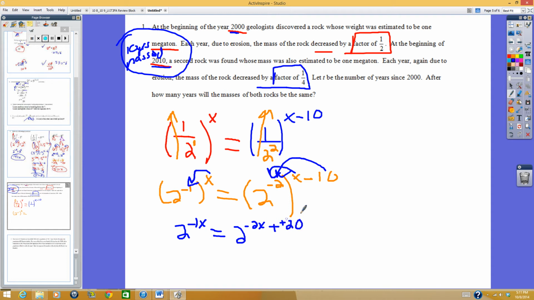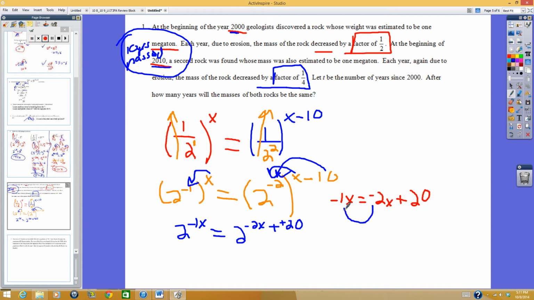Subtracting a negative just becomes adding, by the way, in case you didn't know. Alright, let's move this over here because I'm running out of room. Now that my bases are the same, set the exponents equal to one another. Okay? So negative 1x equals negative 2x plus 20.